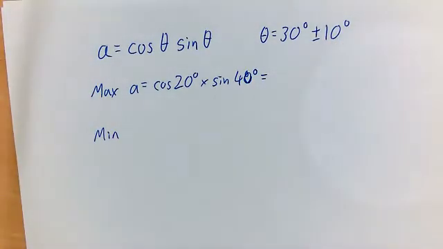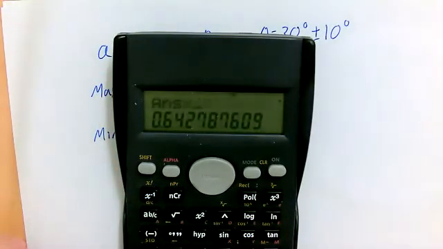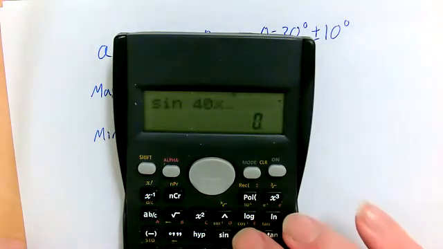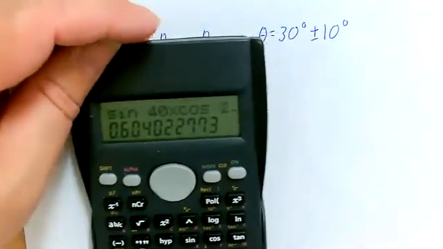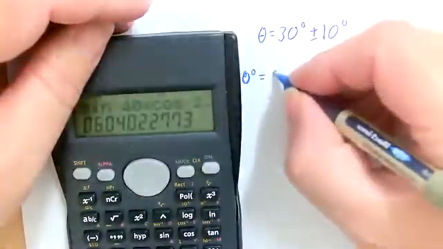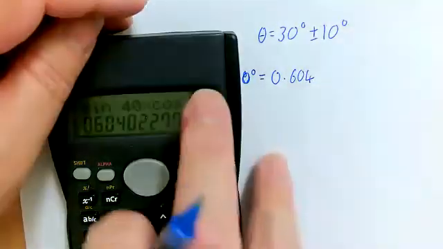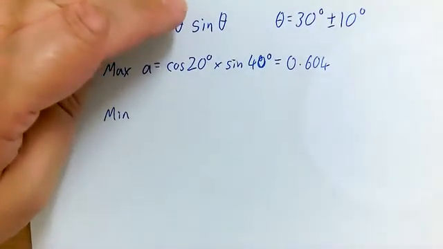And I could work it out. So it'd be sine of 40 degrees multiplied by the cosine of 20 degrees, because 30 minus 10 is 20, which would give me a maximum possible value of 0.604. Okay, probably won't use that many significant figures in my final answer, but I'm going to keep it in my working.